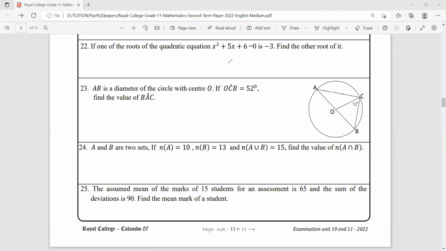So you have this one. If one root of this quadratic equation is -3, you have to find the other root. So you can do it like this. If one root is -3, you should get x plus 3 is equal to 0, then x is equal to -3. So this is the factor. If you have x here, you also have to get plus 2 here. That's how you get this 6.